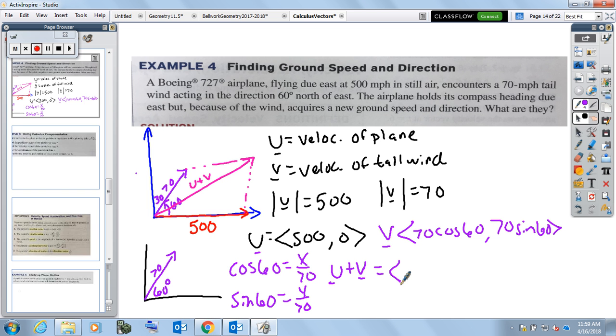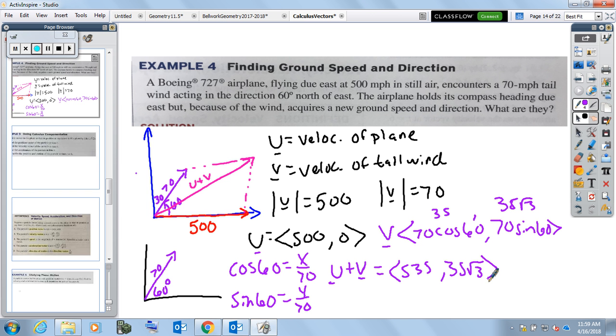Let's do these values real quick. 70 times cosine of 60, that's a value of 35, because it's 1/2 times 70. And then for our sine of 60, we get square root of 3 over 2 times 70, so we end up getting 35 root 3. All right? And so 500 plus 35 is 535. And then 0 plus 35 root 3 is our 35 root 3. So that is the component form of the vector.